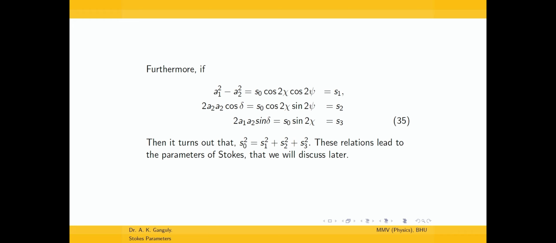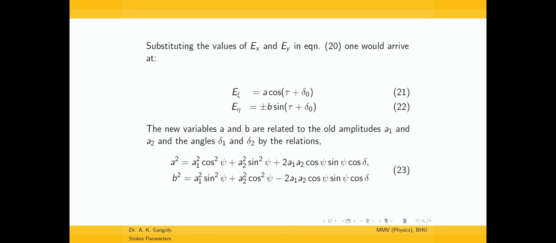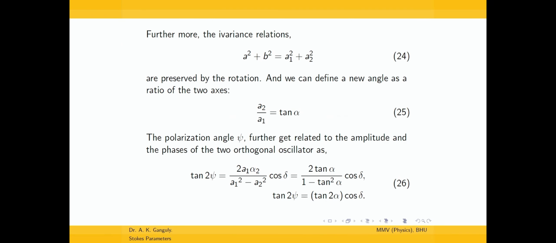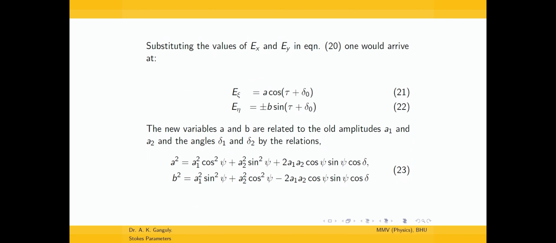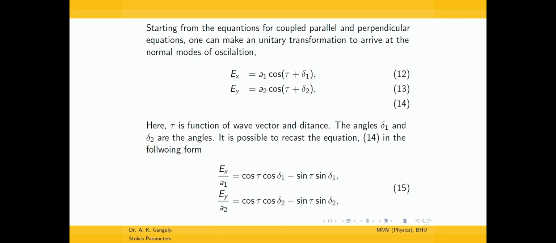However, they can also be obtained differently, rather than the route that we have taken here, from the solutions of the two normal modes of the coupled differential equations in a magnetized medium.